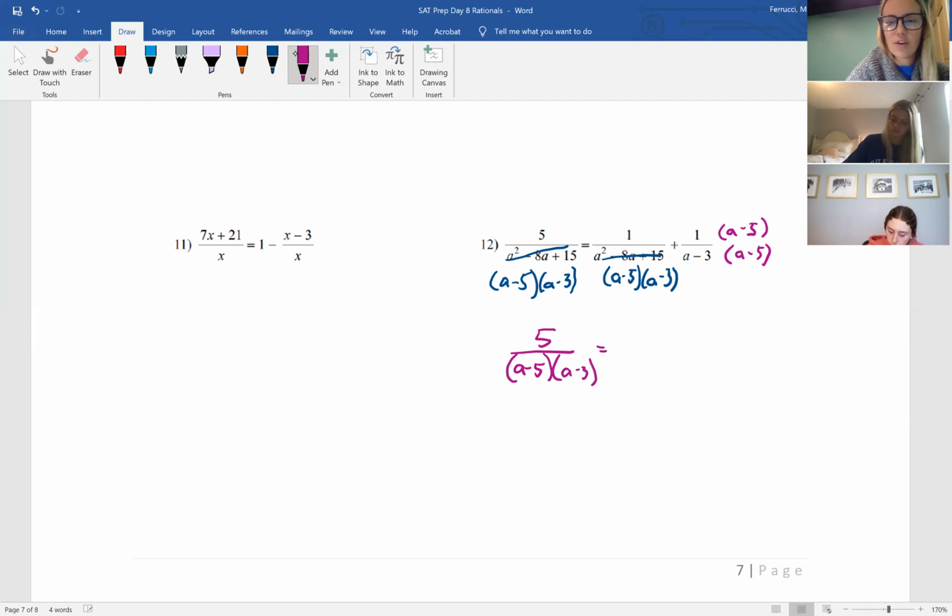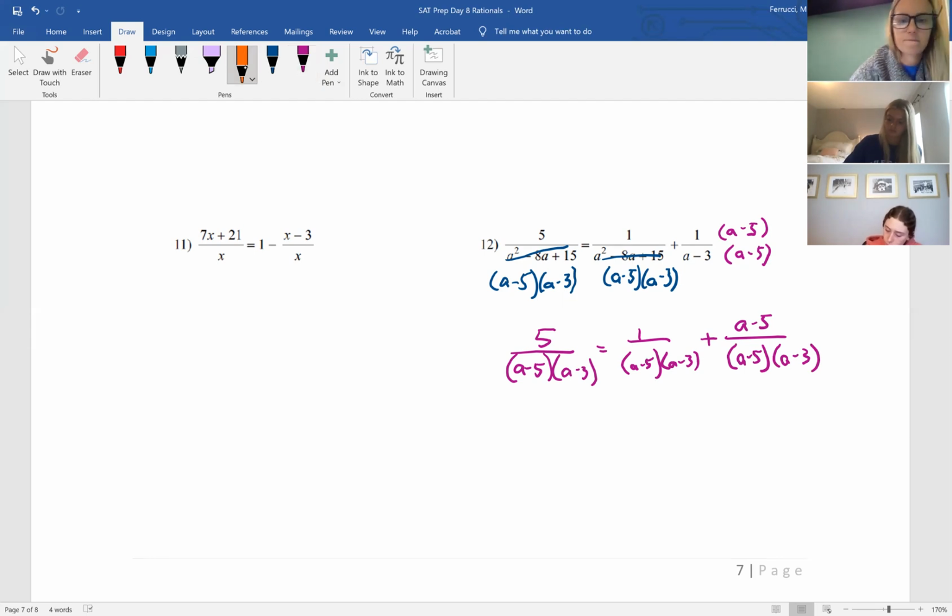So we get 5 over a minus 5 times a minus 3, 1 over a minus 5 times a minus 3, plus a minus 5 all over a minus 5 times a minus 3. The denominators are all the same now.